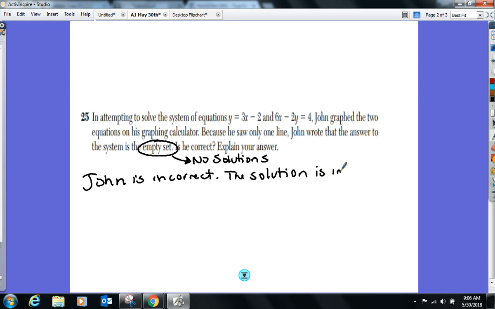Yep, infinitely many solutions. If it was no solution, again, Caitlin, what would it be? Yep, if the lines were parallel, the answer would have been the empty set.